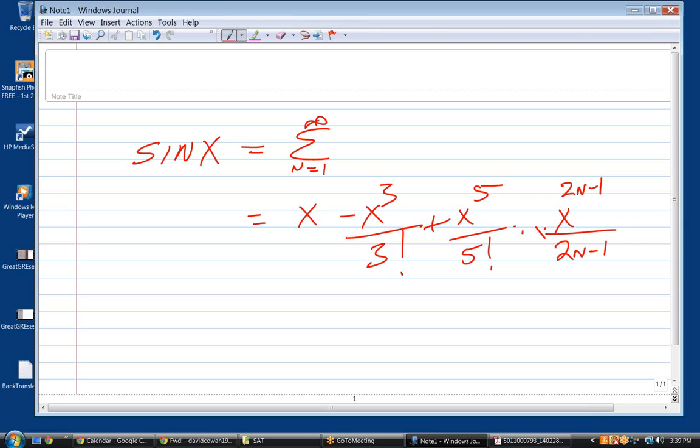Right. So if you can prove that that remainder goes to 0 for some f of z, I believe, then that proves that sine x, or this series, converges to sine x.